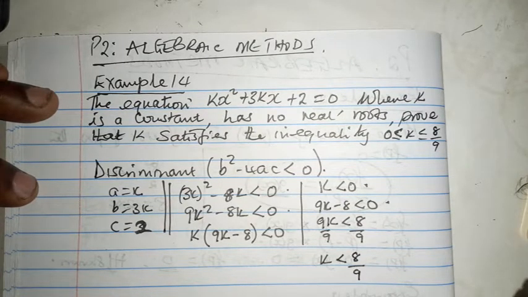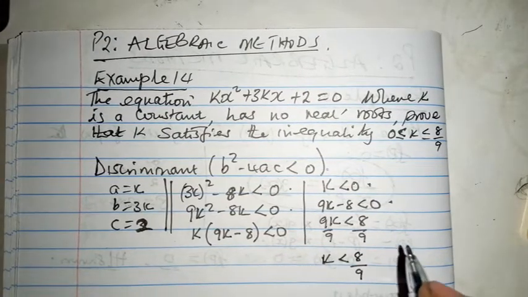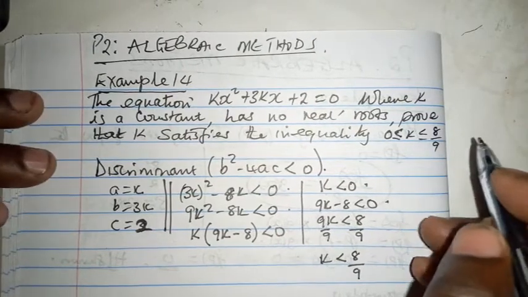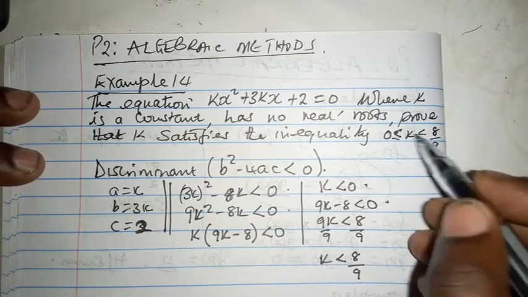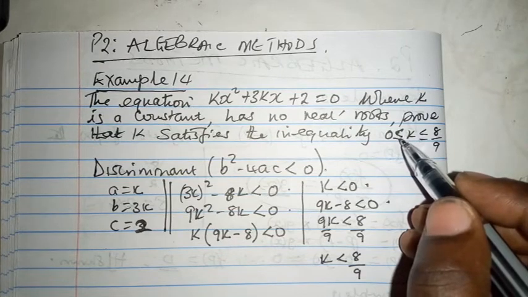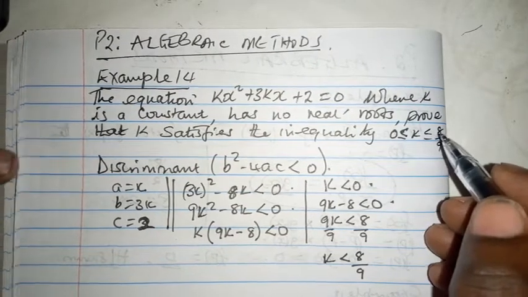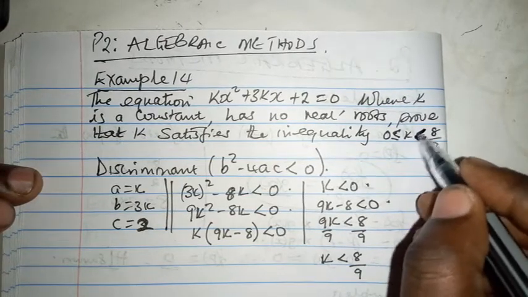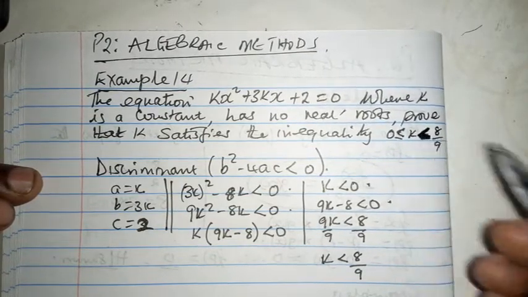And of course, k itself can be 0, and we're supposed to prove that k is greater than or equal to 0, and k is less than 8 over 9. There is no equality on the upper limit, just less than 8 over 9.